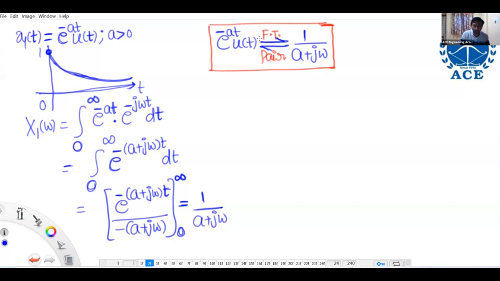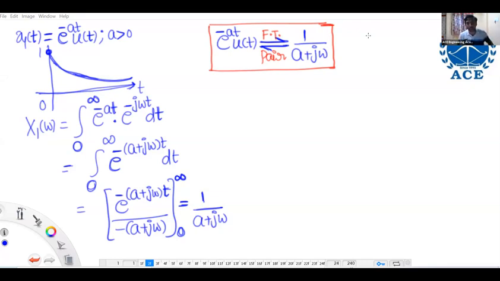One-to-one correspondence means whenever this is the signal, the respective spectrum is 1 by a plus j omega. Whenever this is the spectrum, the respective signal is decaying exponential. e power minus at u(t) is a transform pair with 1 by a plus j omega.